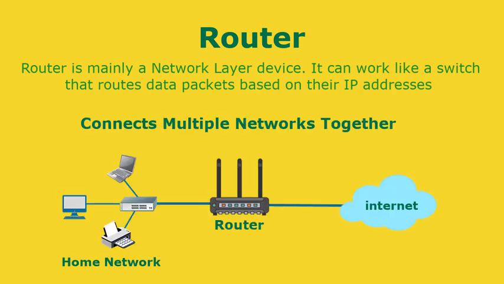What it does more than the switch is connect multiple different networks together. A router normally connects LANs with the internet or other WANs together. It has the capability to repackage the data and send it over another network.